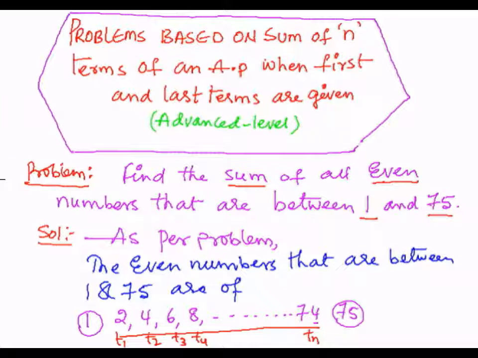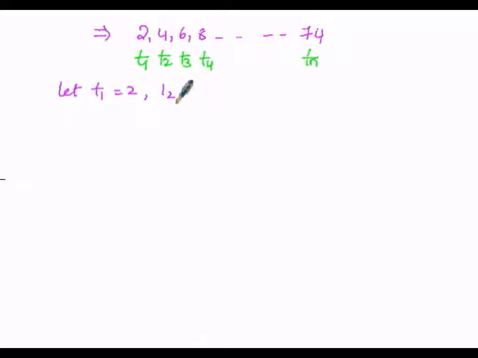So, 2, 4, 6, 8, up to 74, in which we suppose T1 as 2, T2 as 4, T3 as 6, and the nth term Tn as 74.